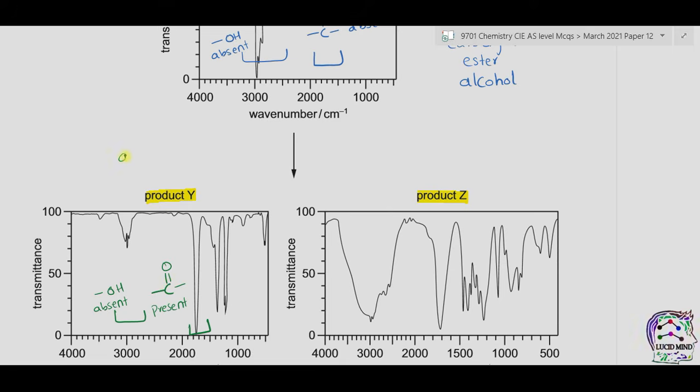It can be aldehyde or ketone or ester. It is not alcohol as OH is absent and carbonyl is present. In the last structure, we can see that carbonyl peak is present. Broad OH peak is also present. So as both carbonyl and OH peak are present, this is the structure of carboxylic acid. As in carboxylic acid we have C double bond O, we also have OH.